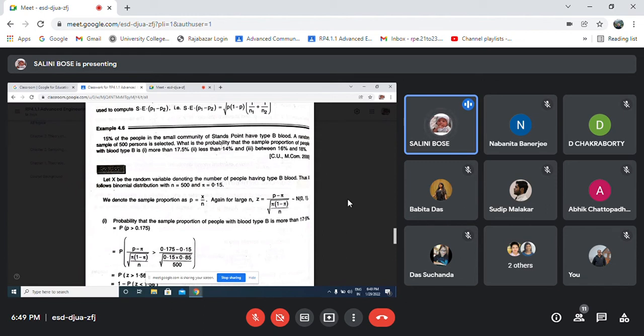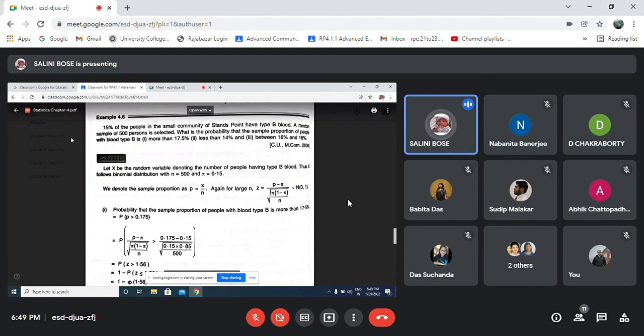So my question is, what is the probability that the sample proportion of people will be more than 17.5%. So we can write probability of P greater than 0.175. P means proportion, so here we are not writing Z; we have to write P, the proportion.